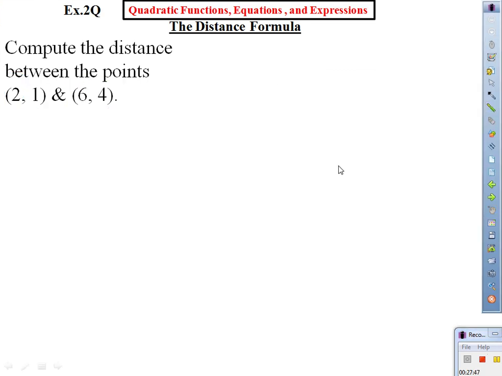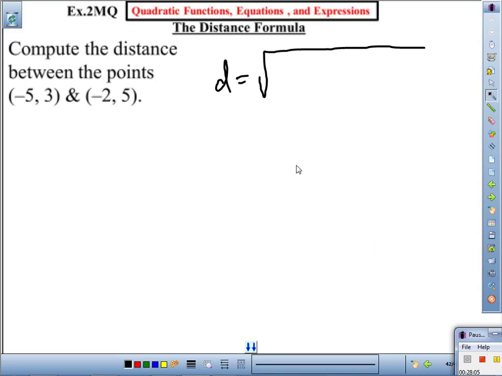Let's do, no, too easy. Too easy. Bam. Copy that one. Example 2 mega cube. Compute the distance between the points (-5, 3) and (-2, 5). Go. I'll give you a head start. Copy and go. Here goes the process.